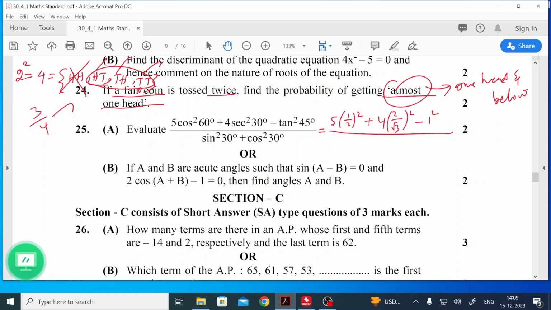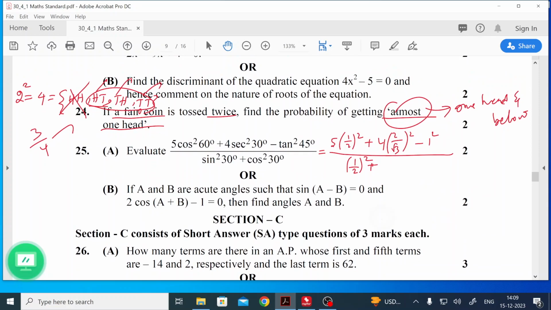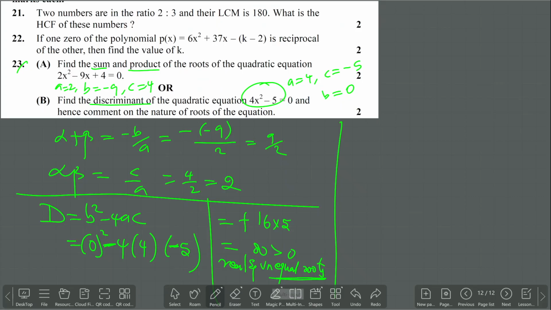When we have a square, we can write directly 1. Or else you can do the steps, you will get the same answer. What is cos 30? Root 3 divided by 2 square. When you simplify, you will get the same answer definitely.